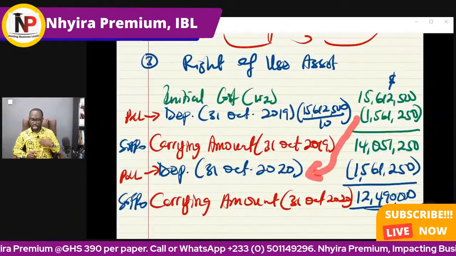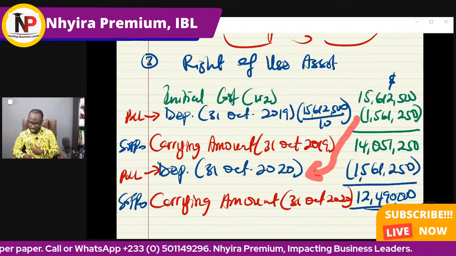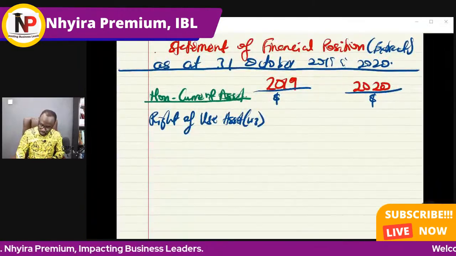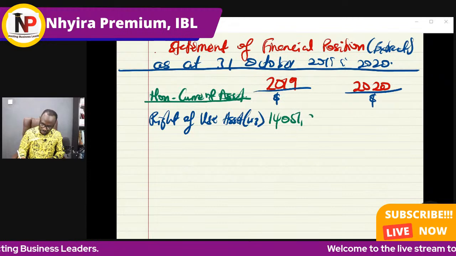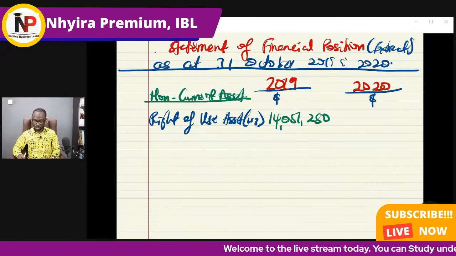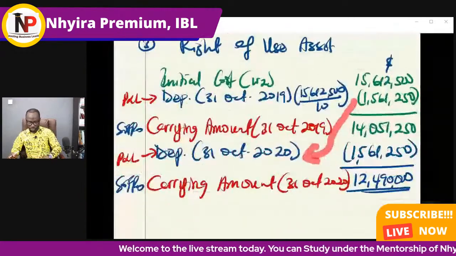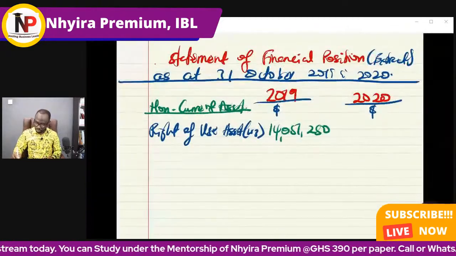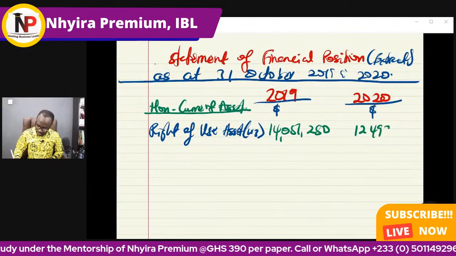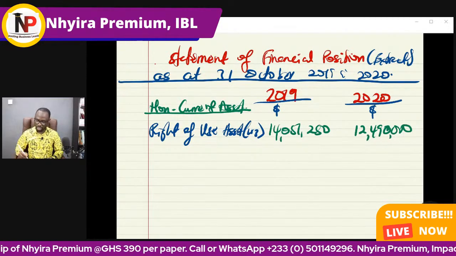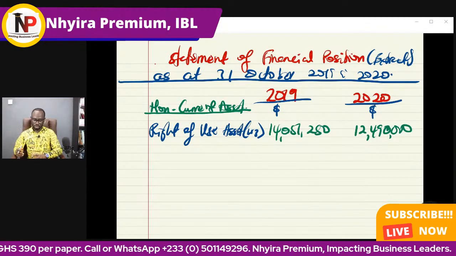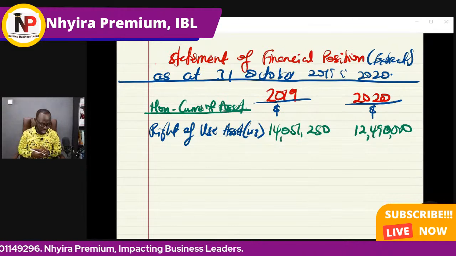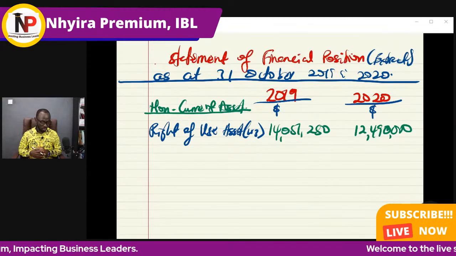Carrying amount for 2019, we can see that it is 14,051,250. Then for 2020, we're going to have 12,490,000. So that is the non-current asset. Again, this is not a big deal. This is not a huge area that we are going to be really worried about.